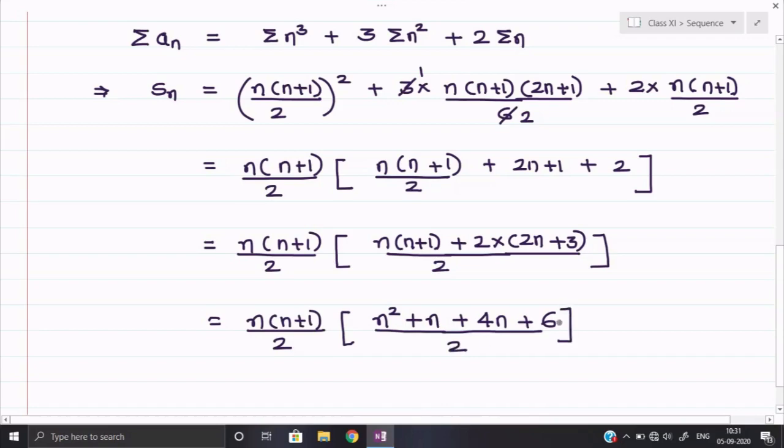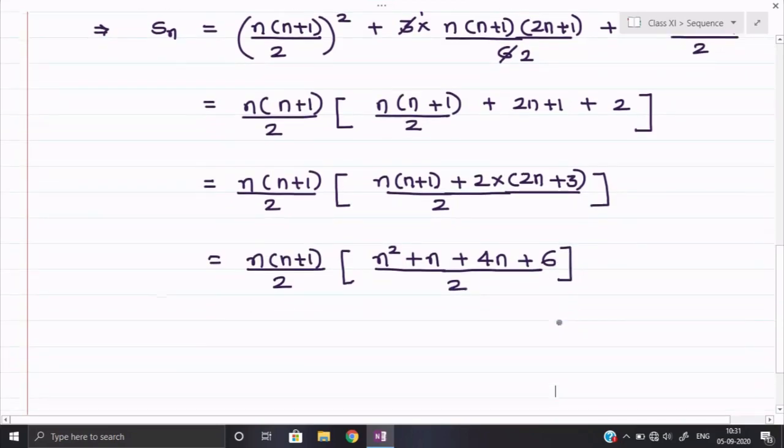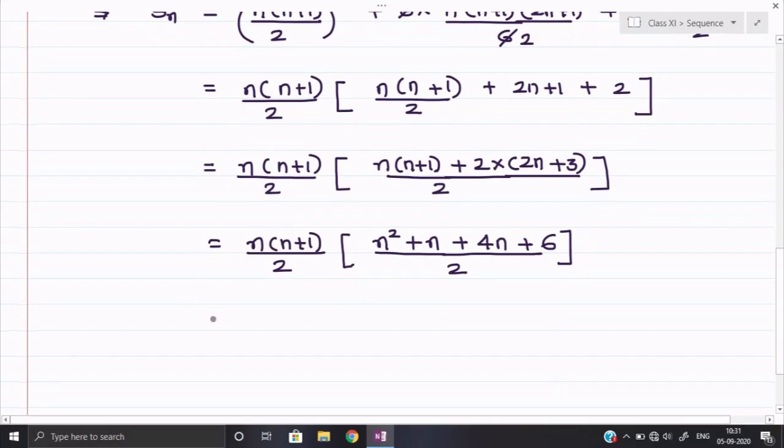So here finally we can say it would be n into n plus 1 upon 4. Okay, 2 and 2 have multiplied, and this expression will become n square plus 5n plus 6.